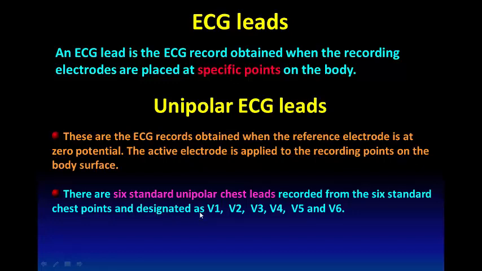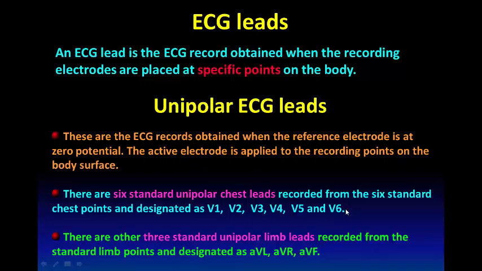We call them lead V1, lead V2, lead V3, lead V4, V5 and V6. The remaining 3 unipolar ECG leads are unipolar limb leads. These are recorded from the limb points and designated as lead VL, lead VR, and lead VF.